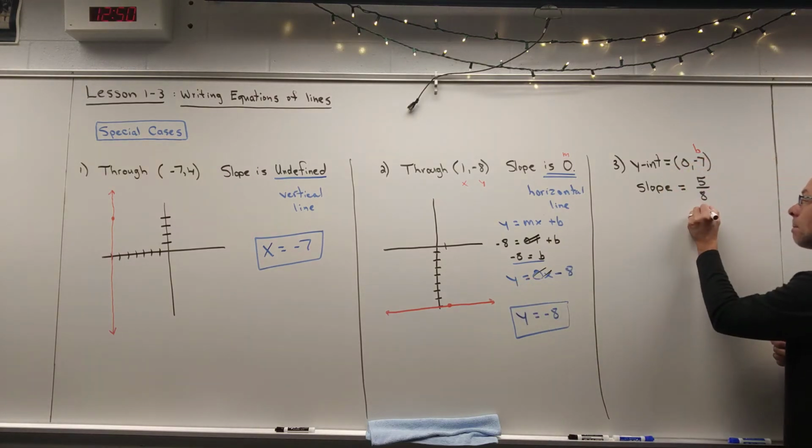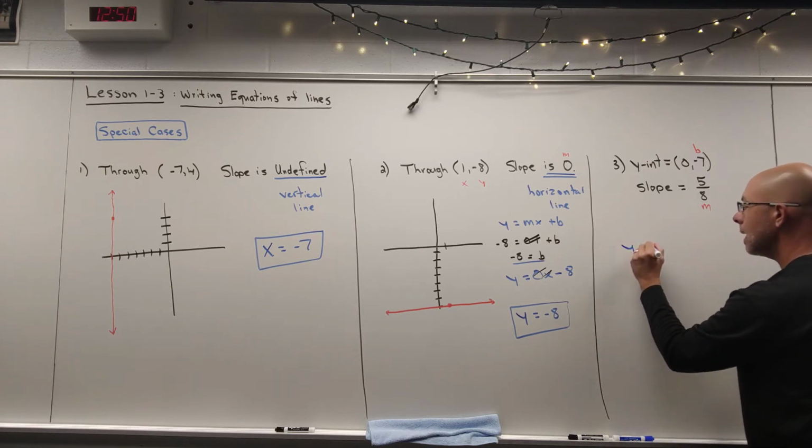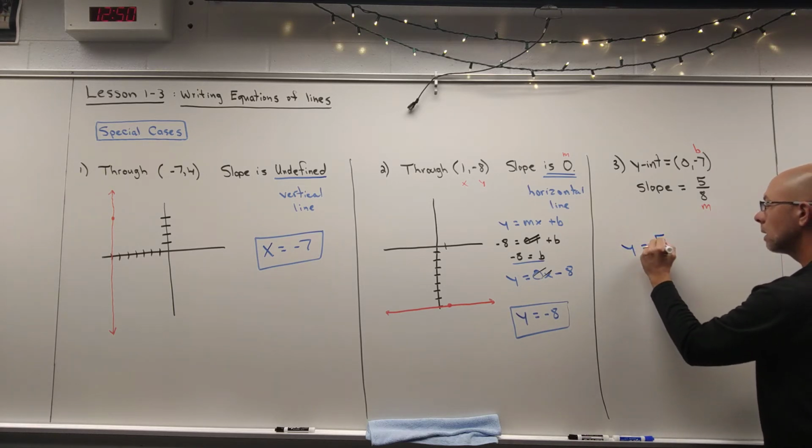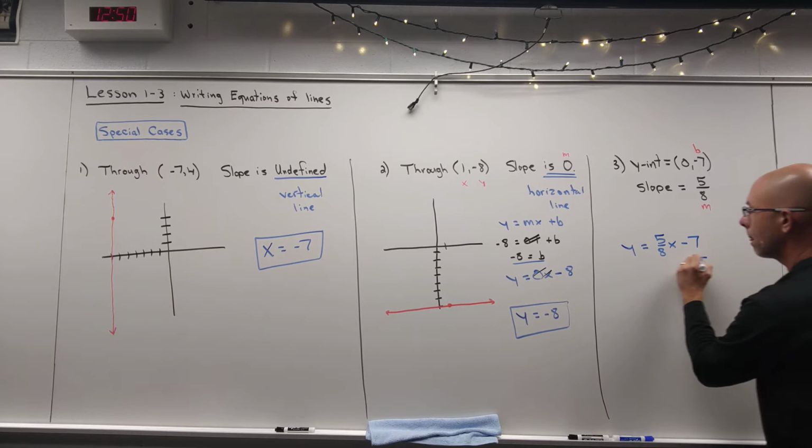And you guys, this is m. You catch that? There's no work to do, no calculating to do. It is literally y equals mx plus b, -7, of course.